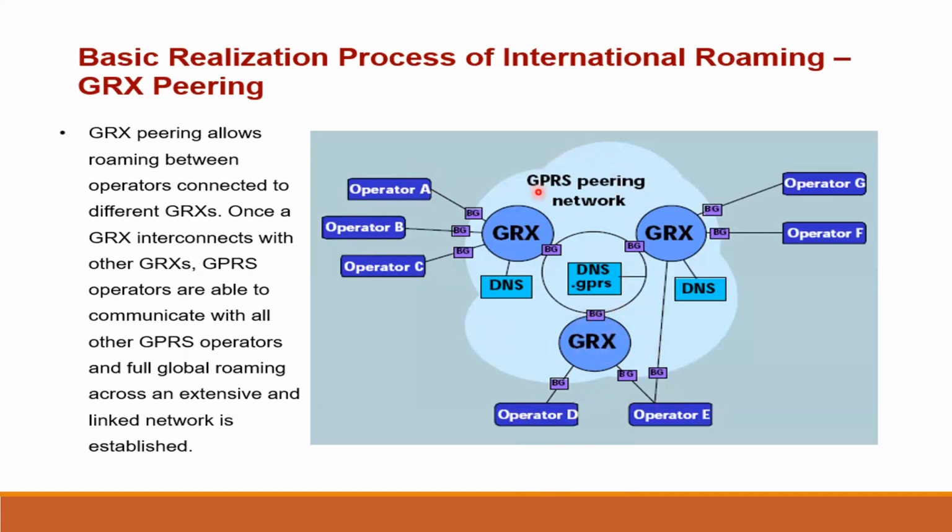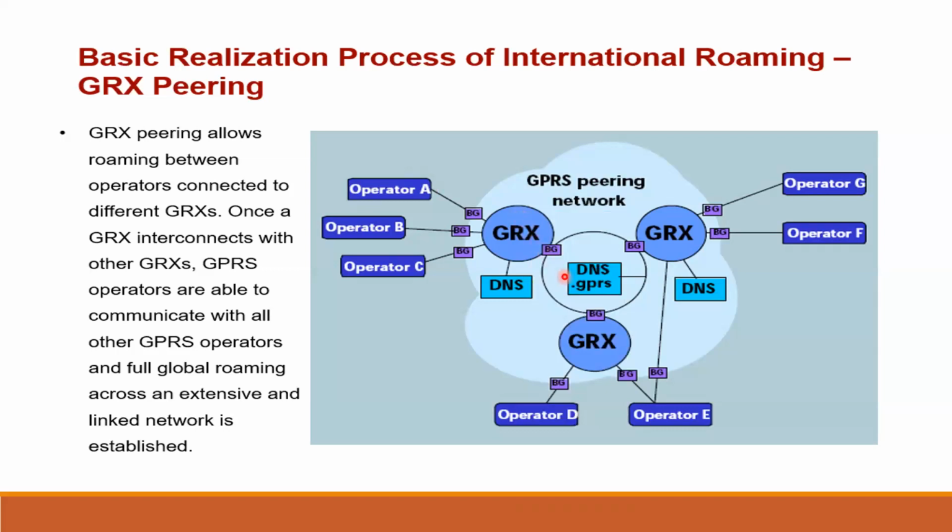Via GRX peering, these GRX networks are connected, which allows the operator in A to communicate with the operator in G. And that's how international roaming works. Specifically, Elgapom is one service provider that is providing GRX peering, and there are others as well.